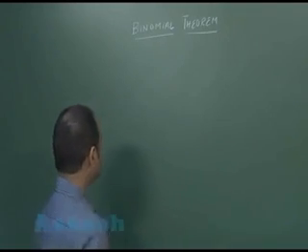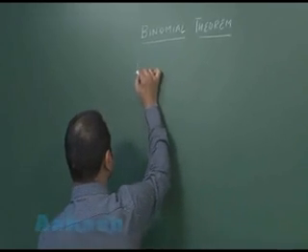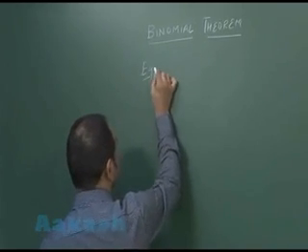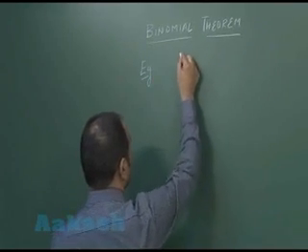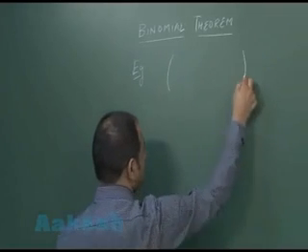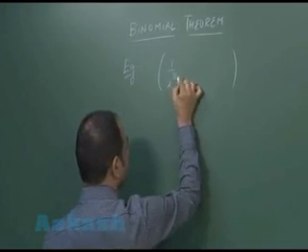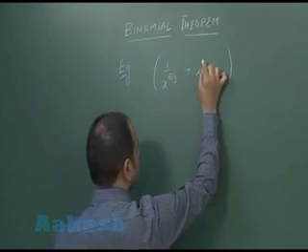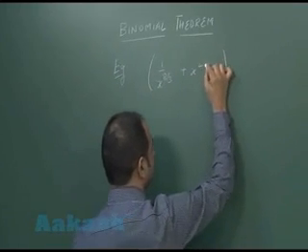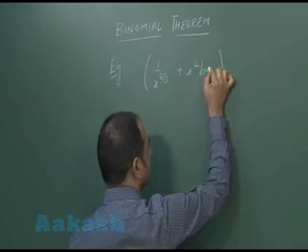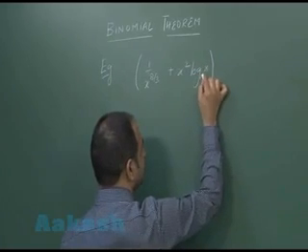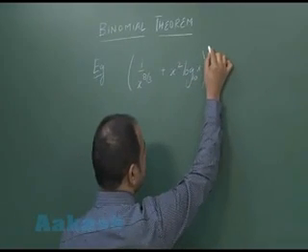So this is the first example which is coming up for you: the expansion of two terms. One is 1 upon x raised to the power 8 by 3, another is x square log x with the base 10.